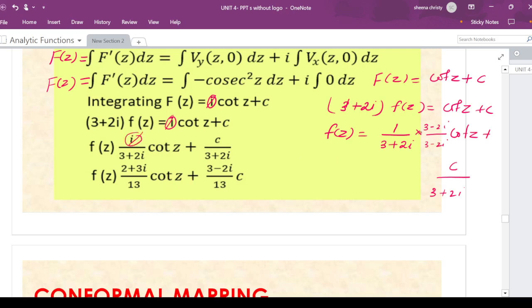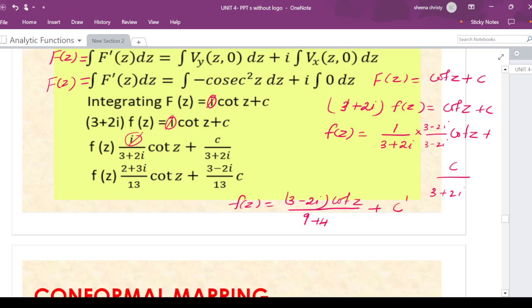So you are going to have f of z equal to 3 minus 2i into cot z divided by, a square minus b square formula, so you are going to have 9 minus minus of 4, so 9 plus 4, plus, let us take this constant term as c dash.